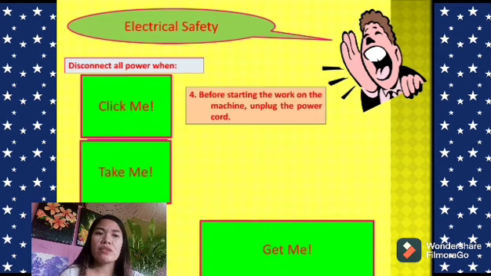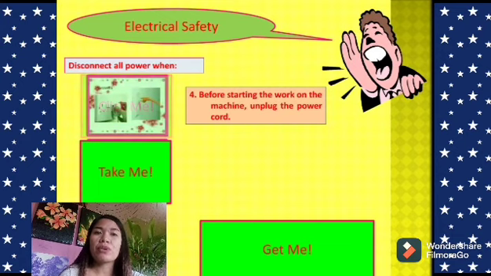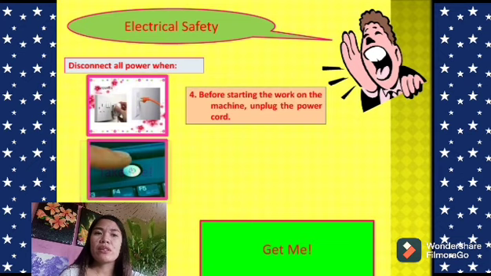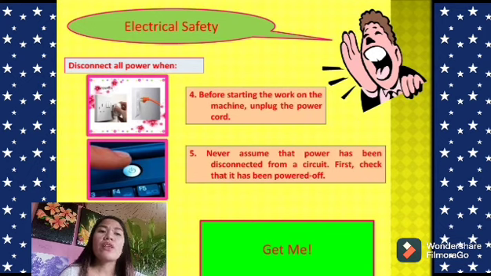Another thing is, before starting to work on the machine, unplug the power cord. Okay. So we need again to unplug to avoid being electrocuted. Next is, never assume that power has been disconnected for a circuit.